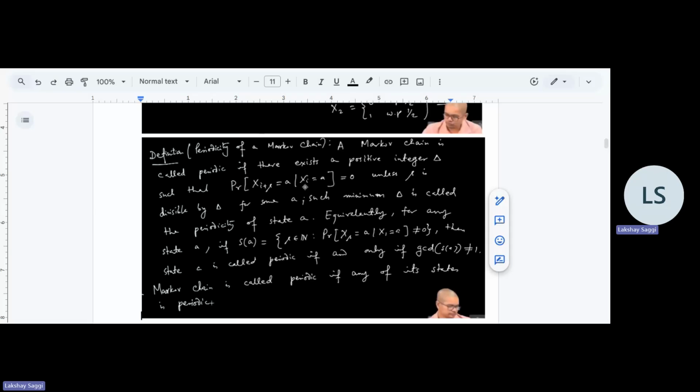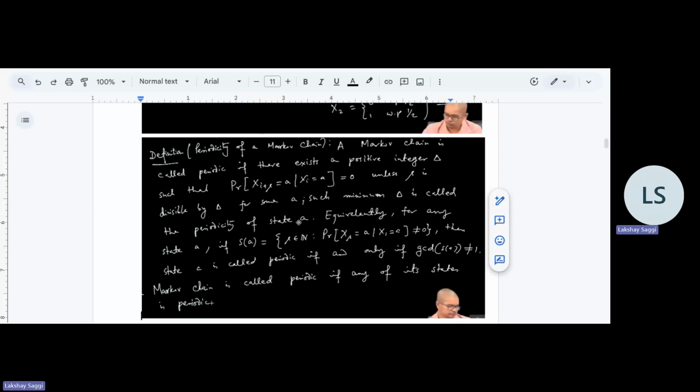Like this function is zero at these values.